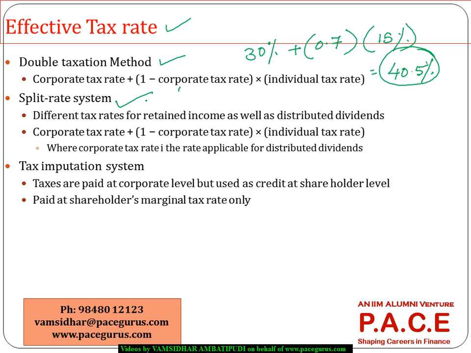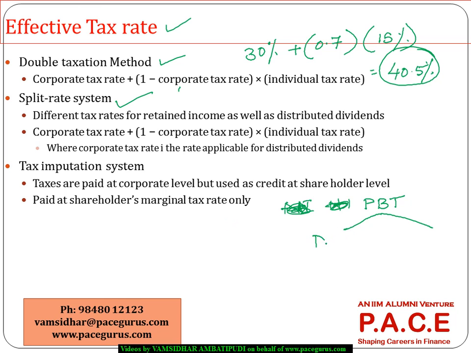So there is another system called the split rate taxation system, where the interesting thing is whatever the pre-tax income, which is PBT, profit before tax, the company is generating, there are two levels to it.